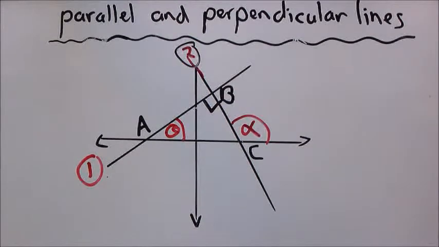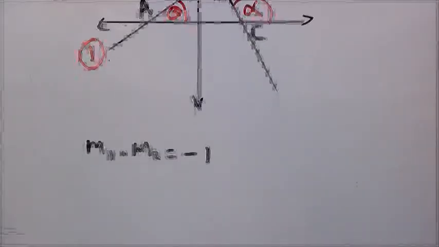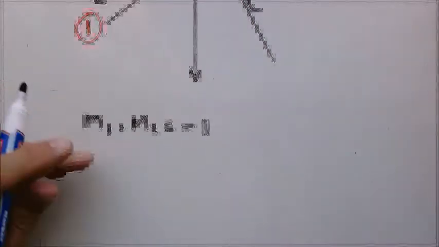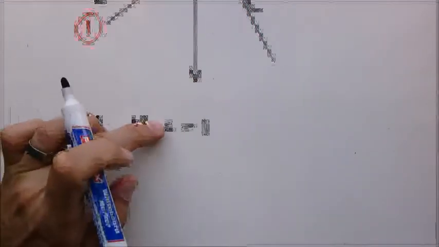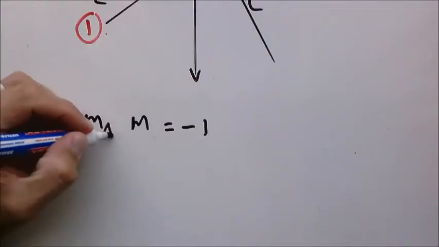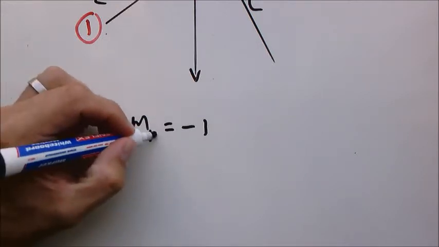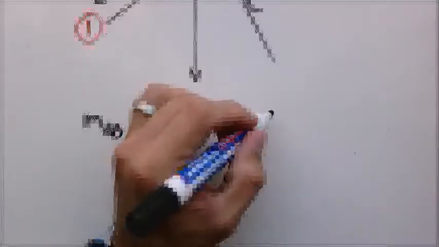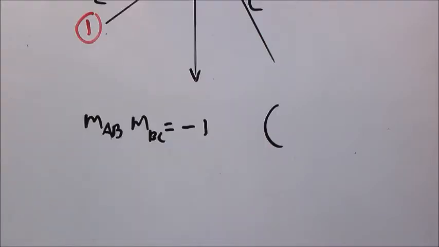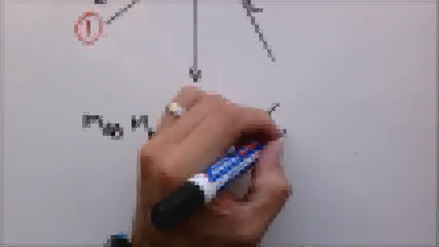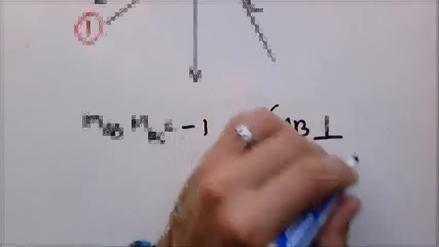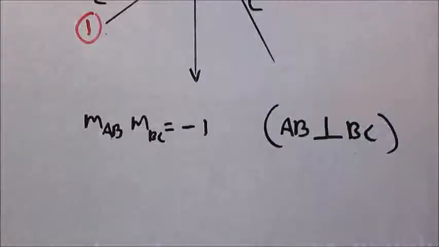Then you literally start with the following. You write down, you say m1 times m2, or in our case, this will be m AB times m BC. And then your reason, you have to give a reason always, right? In the reason, you just say AB perpendicular to BC. And then from there, you calculate.